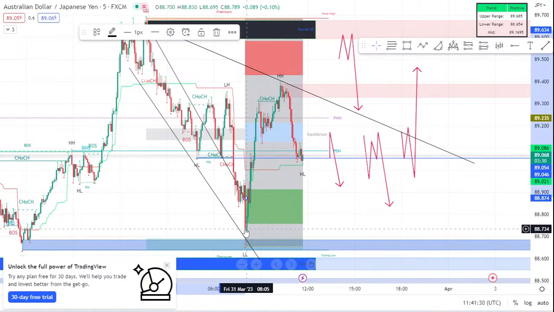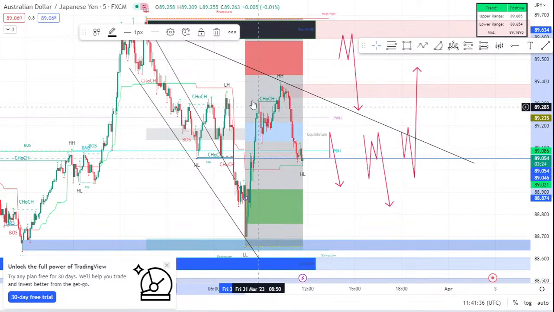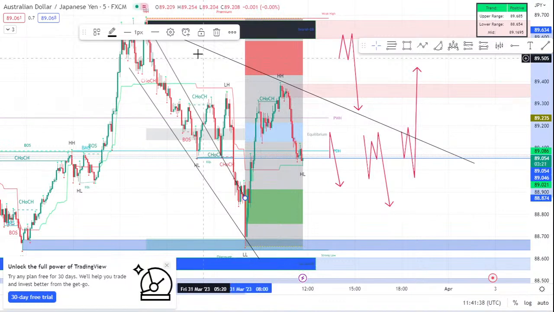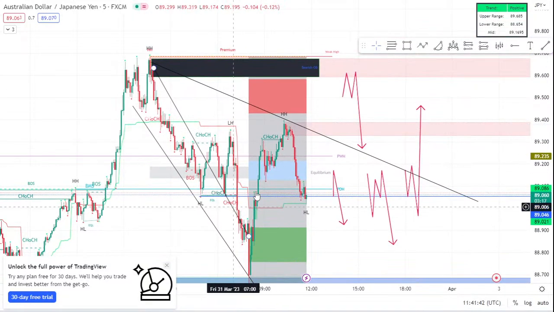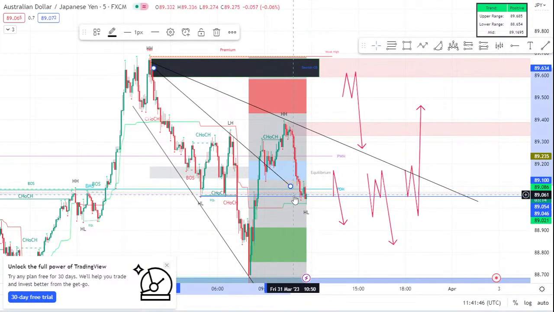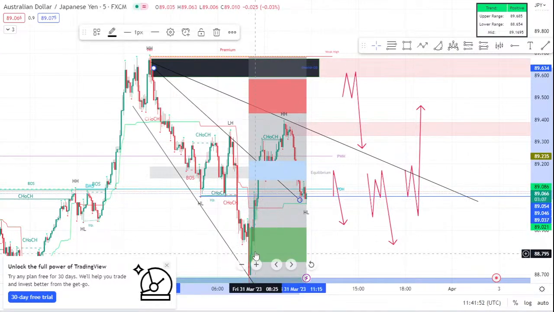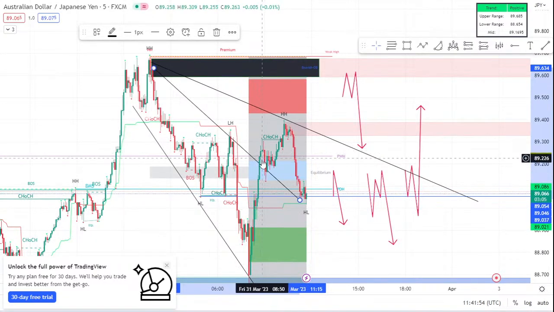At this point over here, it decided to push to the upside. After pushing to the upside, this point was lower than this level over here, making this still some sort of a downward trend. But the market came up and broke out of this zone, tested this zone, and decided to move higher.